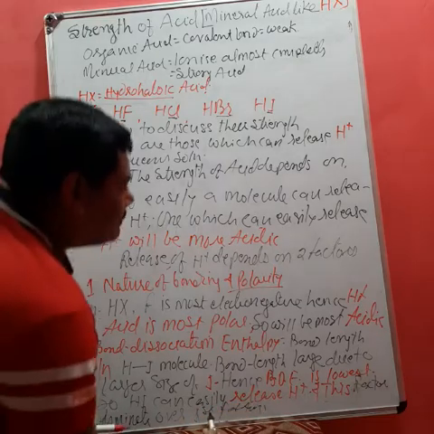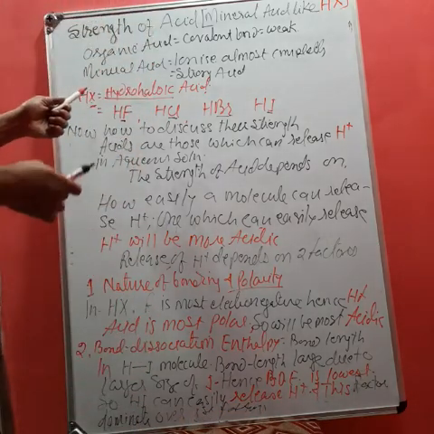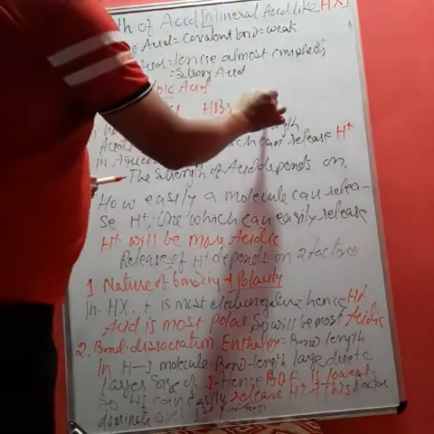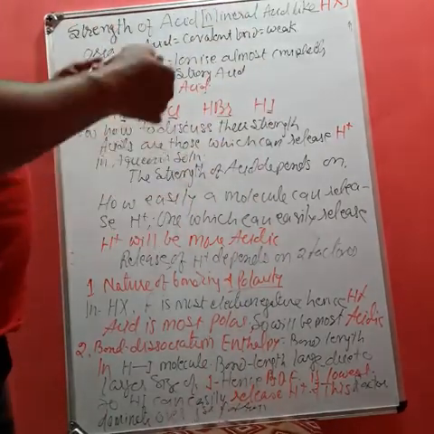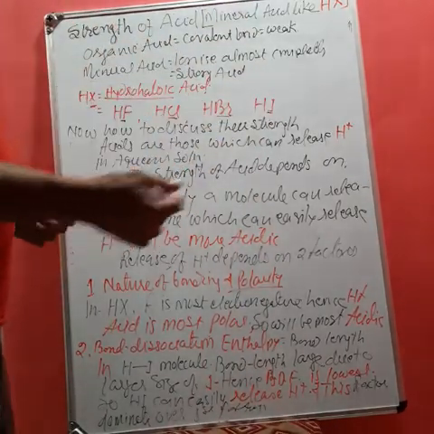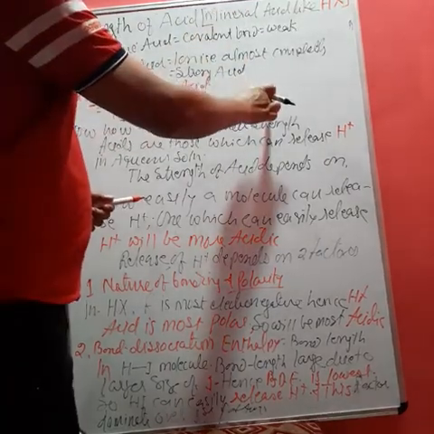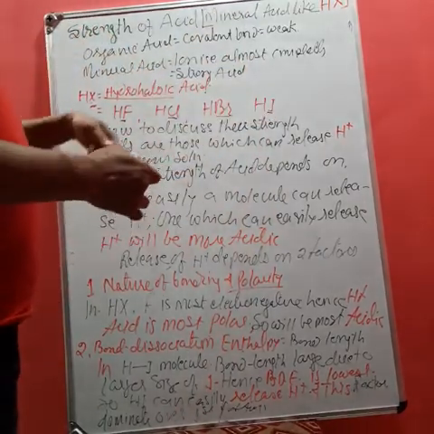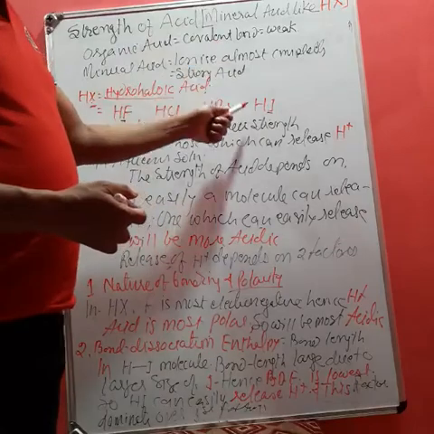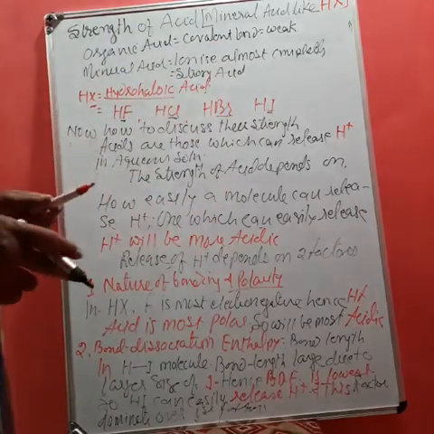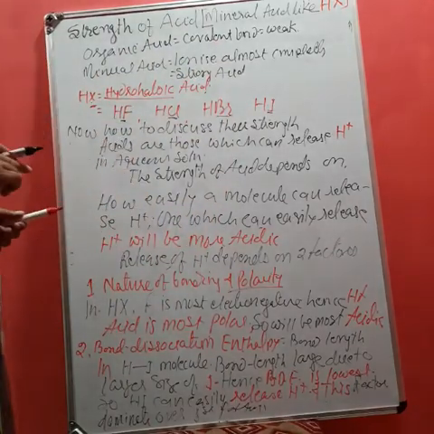Why is it? Because if the bond dissociation enthalpy is very low, then it is easy to break down the bond. As it is easy to break down the bond, it is easier to release what? H cation.